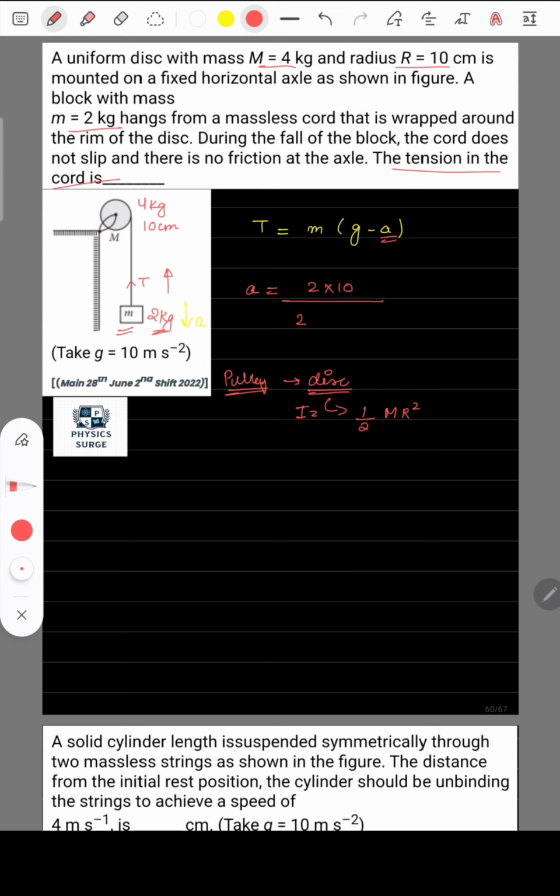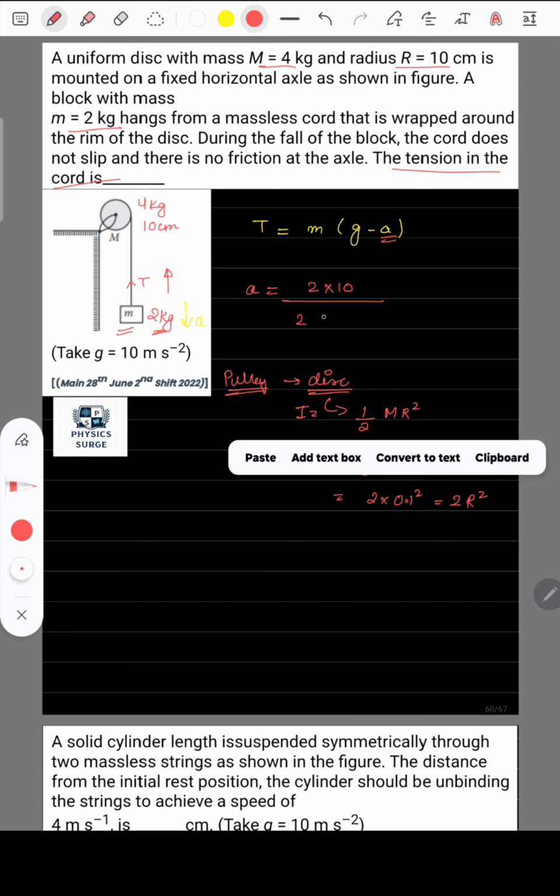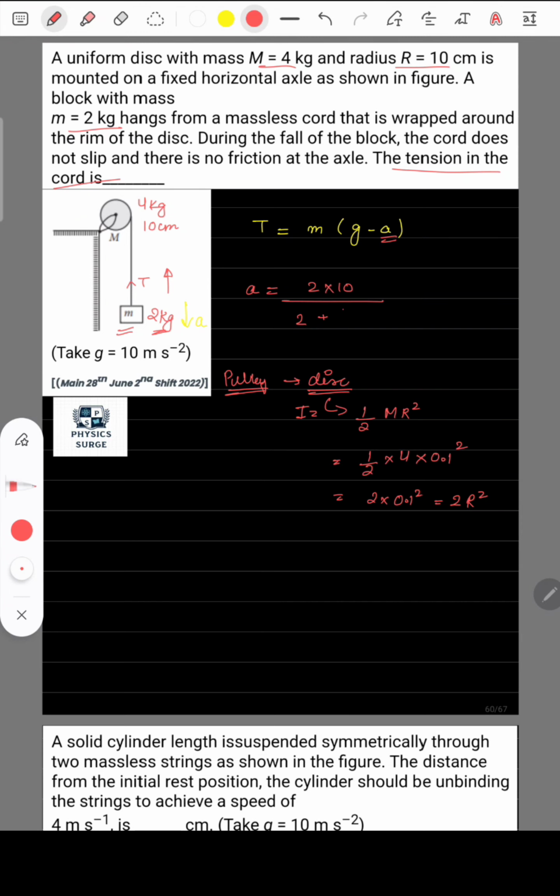So this is I. The mass is given 4 kg, the radius is given 0.1. Calculating this, we get 2r square. So what we need to do here is write I by r square.